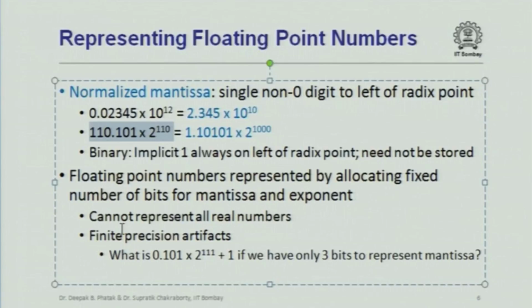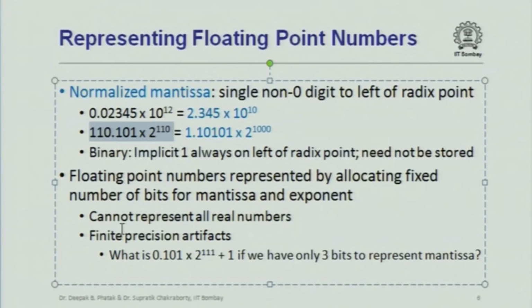So it's, let us say, 5 leading zeros followed by 110, an 8-bit exponent. In this representation of the number, this is the mantissa, 110.101. However, to the left of the point, we have 3 bits here. So therefore it is not a normalized mantissa. So we have to shift the point such that there is exactly 1 bit to the left.